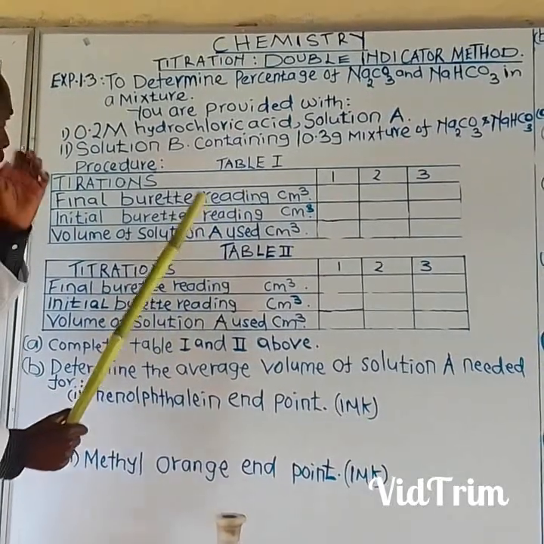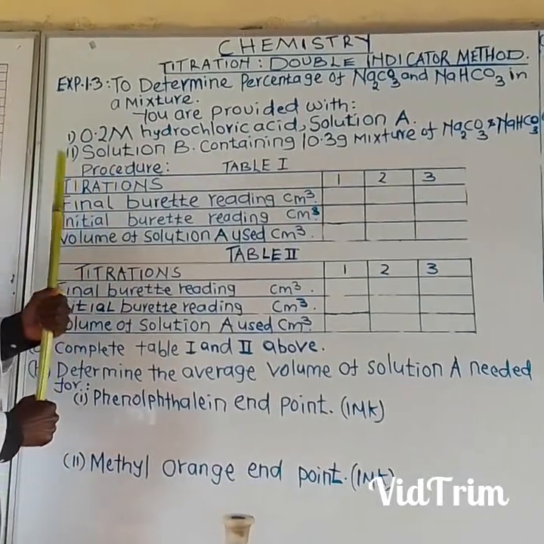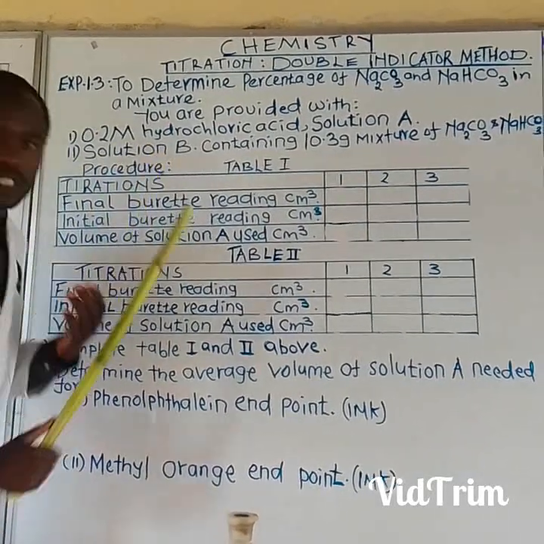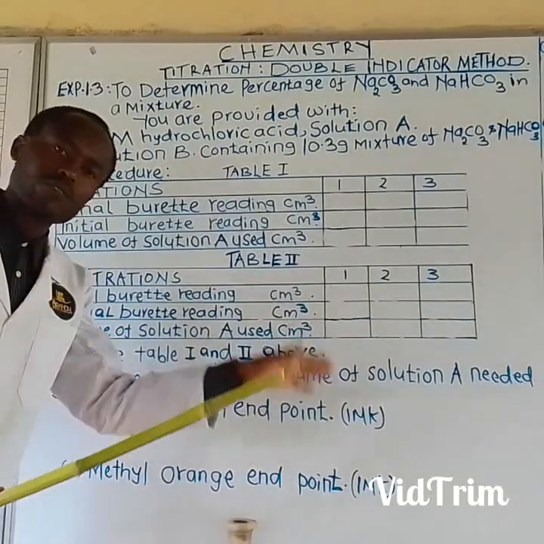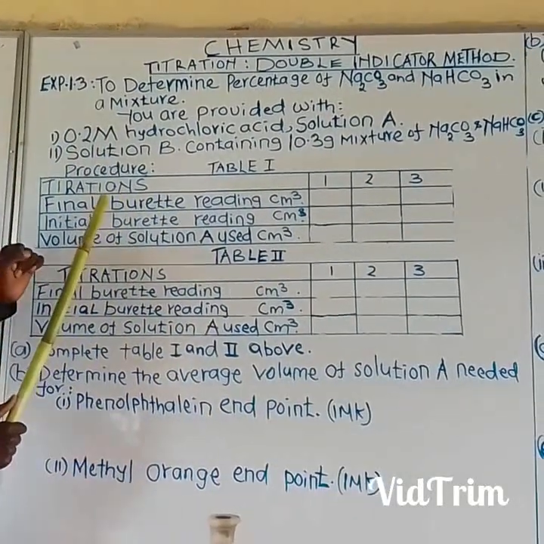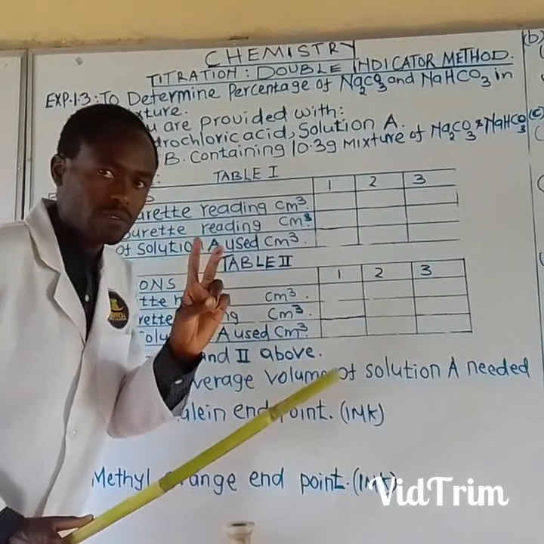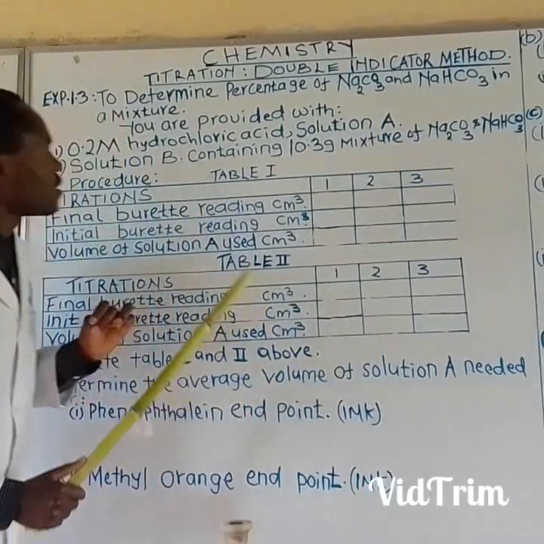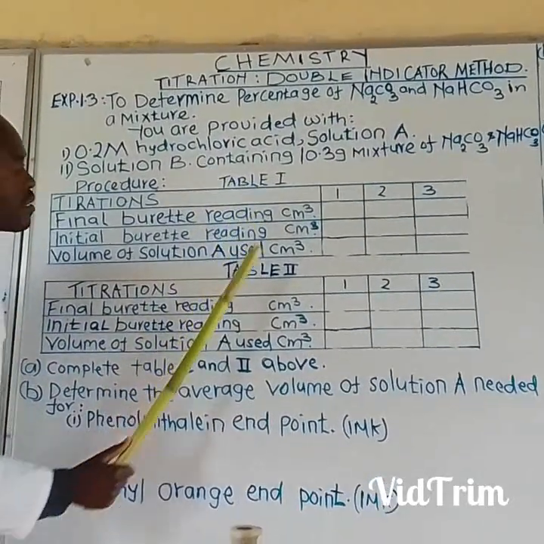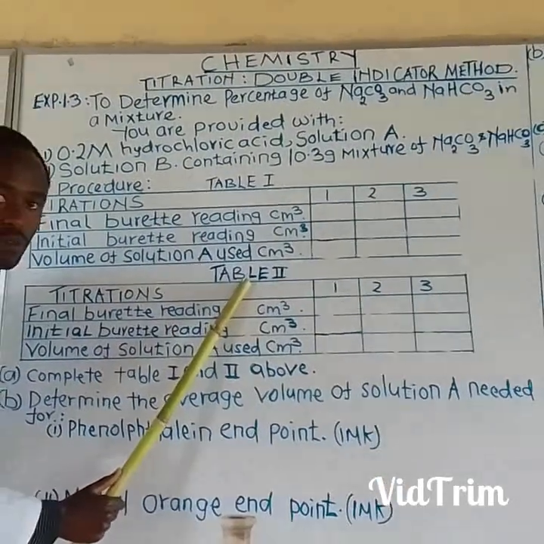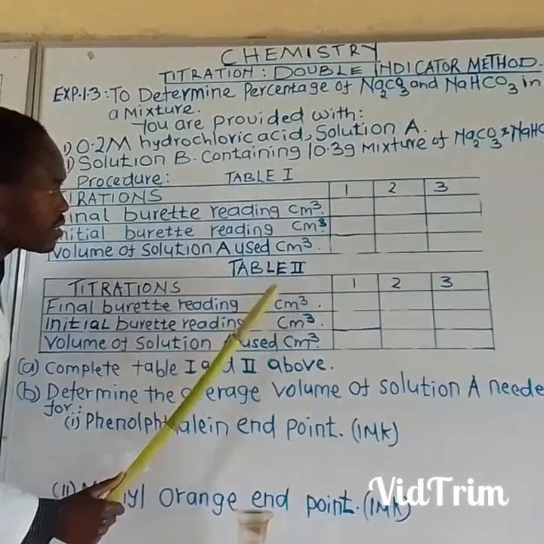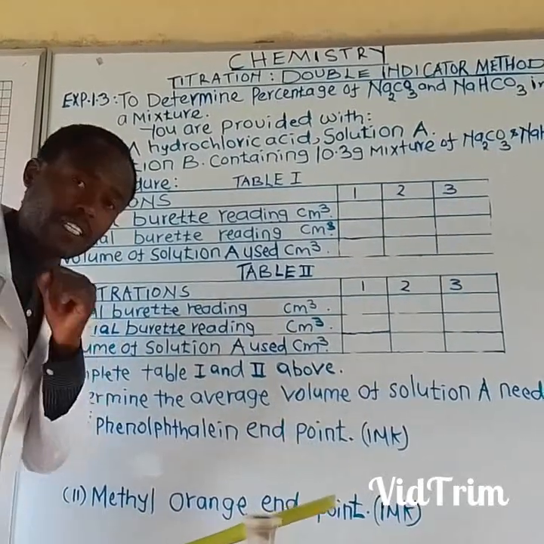Thereafter, we have the procedure, which I'm going to take you through. And after the procedure, we have two titration tables, table 1 and table 2. Is it okay? So my student, this is very interesting.